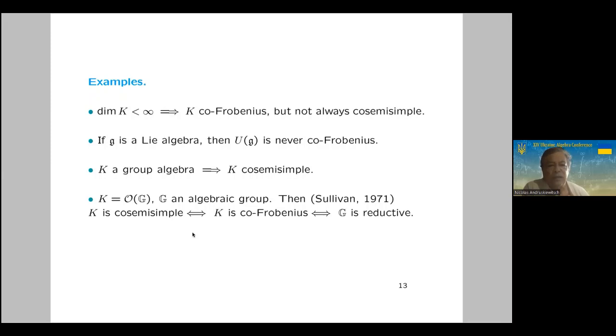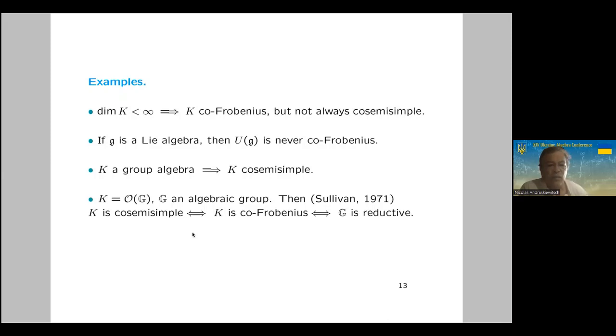And it's not always cosemi-simple, because by Larson-Radford it will be cosemi-simple only if K is semi-simple. The enveloping algebra of a Lie algebra is never cofrobenius. Any group algebra is cosemi-simple. Well, this is a pretty obvious statement.